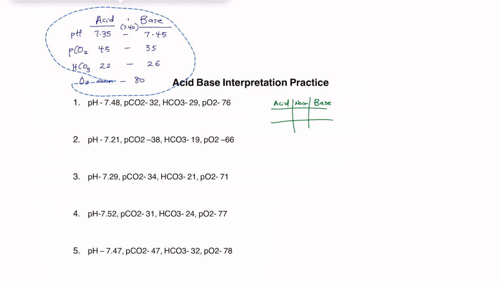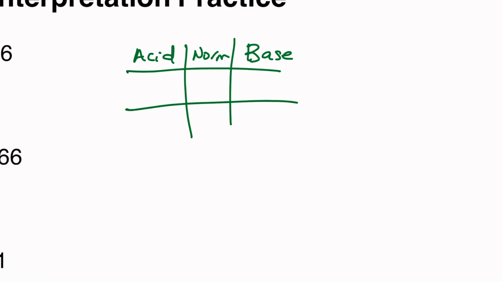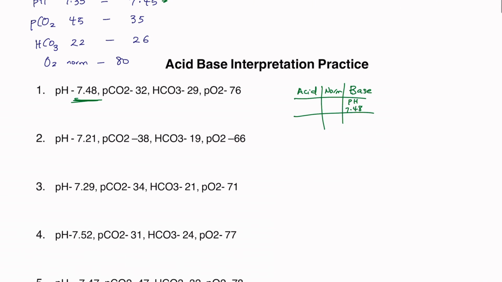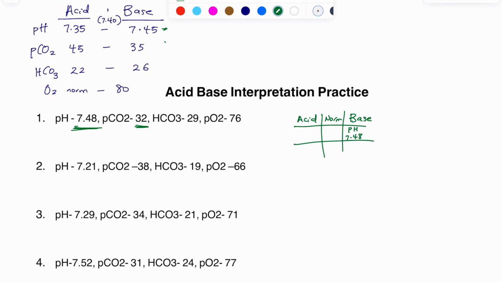It says 7.48. 7.48 is towards the basic range here, as you can see. So we want to come here to write pH 7.48, and then PCO2 is 32. Remember, this is 35 to 45.